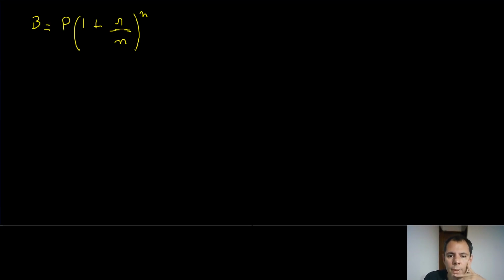Let's say it's being compounded annually. So n is approaching infinity, it's being compounded continuously, all the time. So how much is this going to be? Is this going to be e? No, because for e, you have to have a 1 here. So this is not e. What the heck is this?